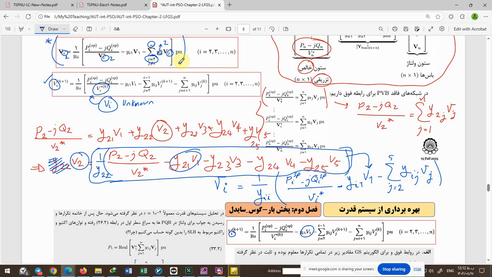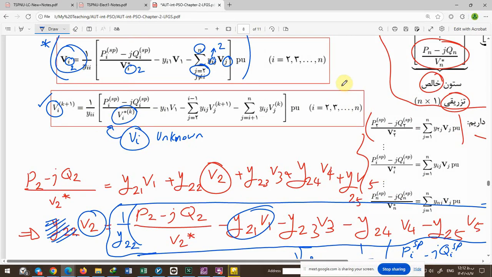For finding voltage, Gauss-Seidel is an iteration-based method, like Newton-Raphson. These methods are based on iteration.